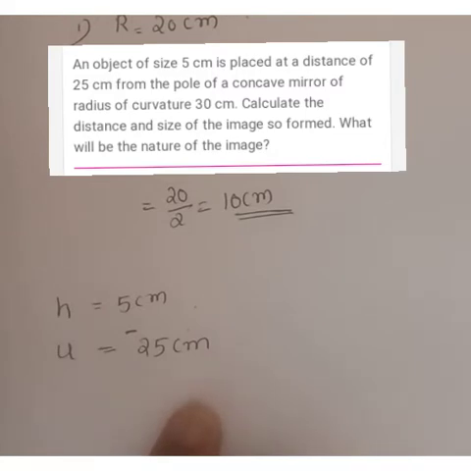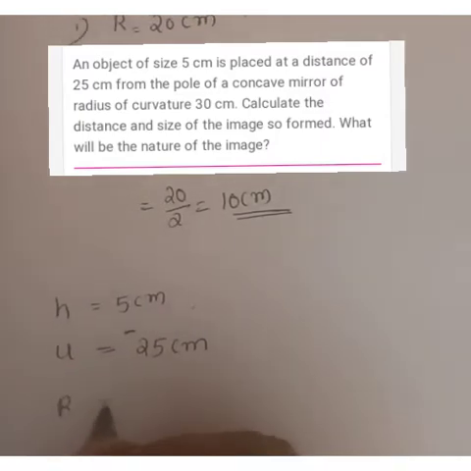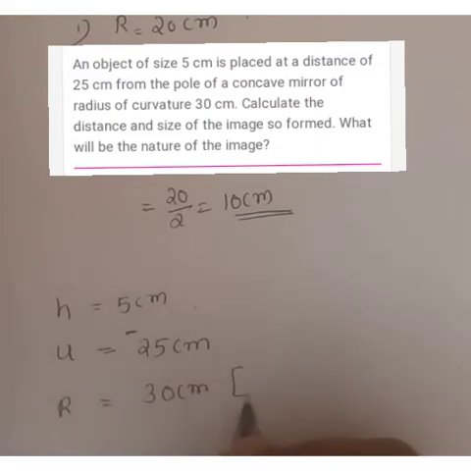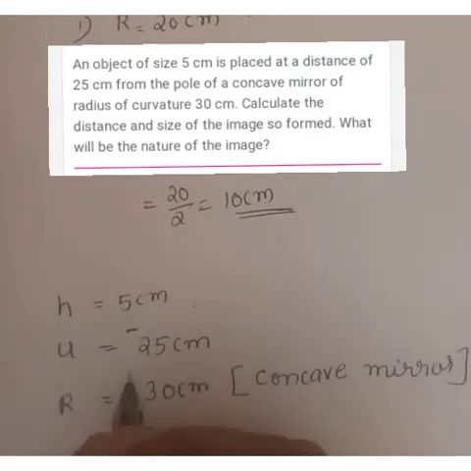One more term: the radius of curvature of the concave mirror is 30 centimeter. So R is 30 centimeter. Since the mirror is concave, by the new Cartesian convention R is also negative.